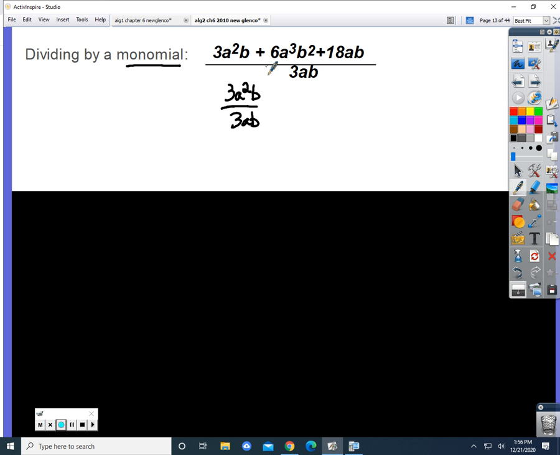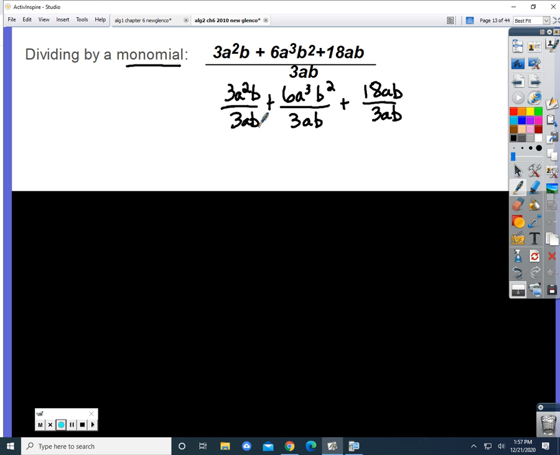Okay, then you want that plus sign. And then take 6a cubed b squared all over 3ab. And then the last fraction, 18ab over 3ab. Then each of these become their own individual problems.